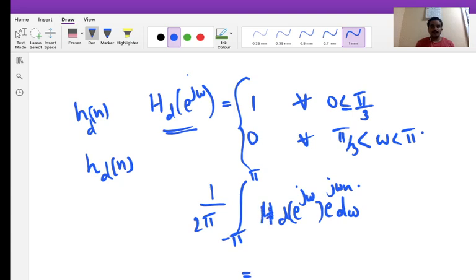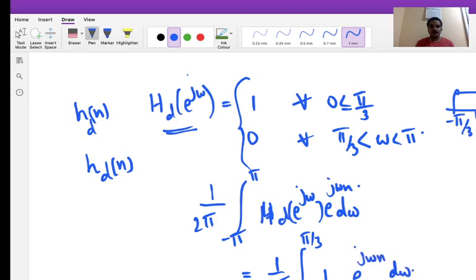The limit is from 0 to pi by 3, but here your response will be in the negative region also, so we can take this from minus pi by 3 to pi by 3. So this is 1 by 2 pi integral from minus pi by 3 to pi by 3 of 1 into e raised to j omega n d omega.